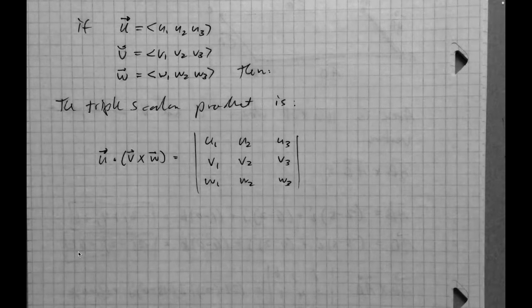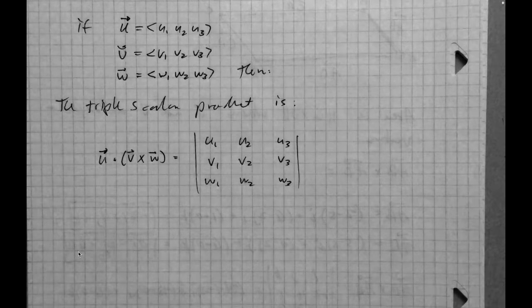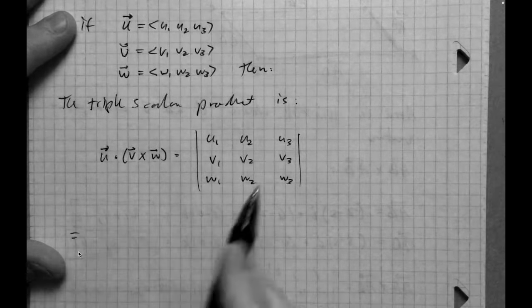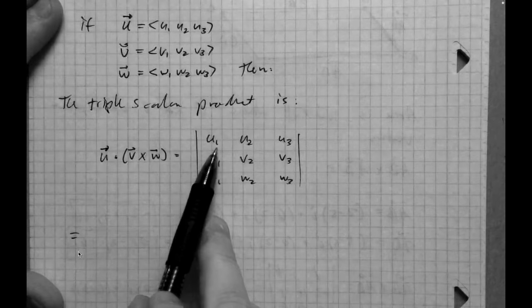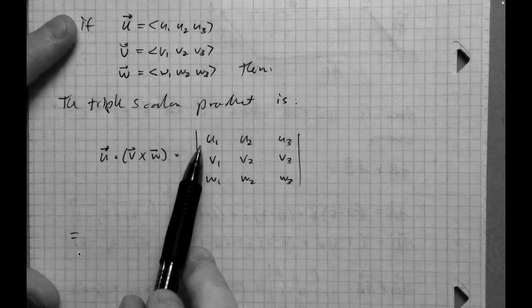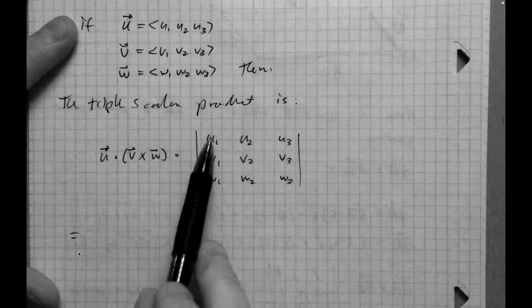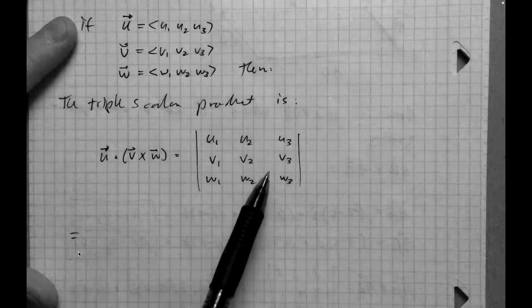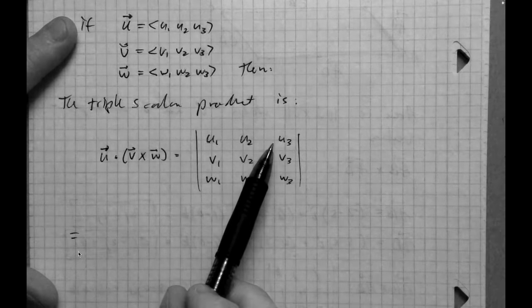Okay, and so this is probably intuitive, but what happens here, right? Normally you have ijk up here, so you're multiplying each of them by i. So in this case, you'd be multiplying the first component by u1, and then you multiply the second component by u2, and you multiply the third component by u3, right?